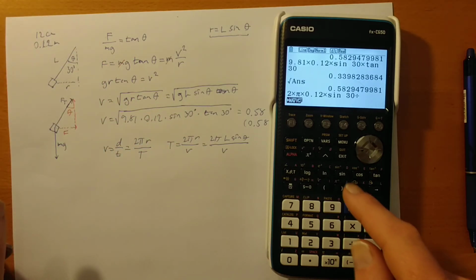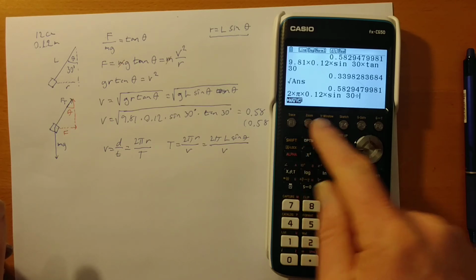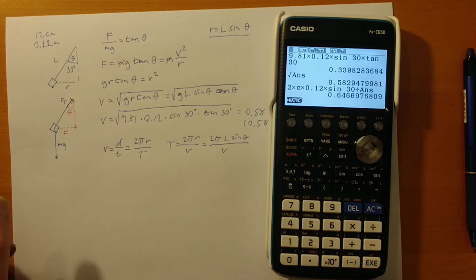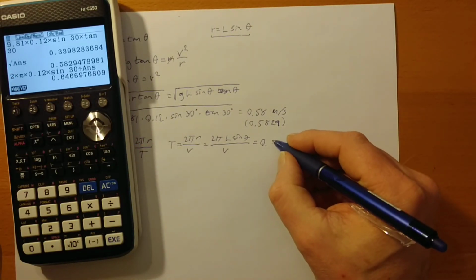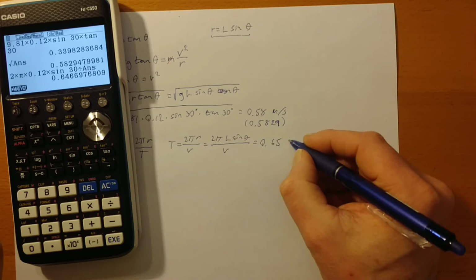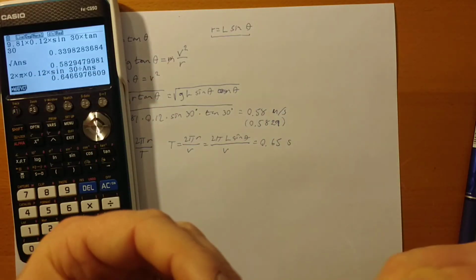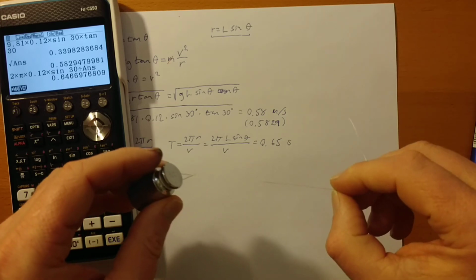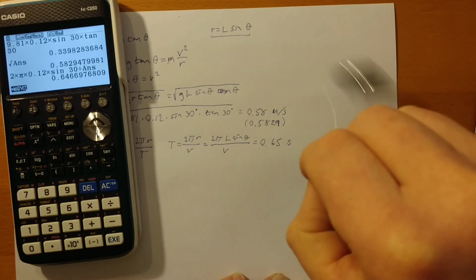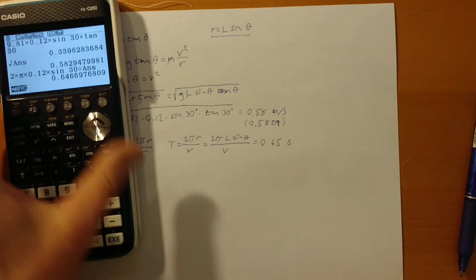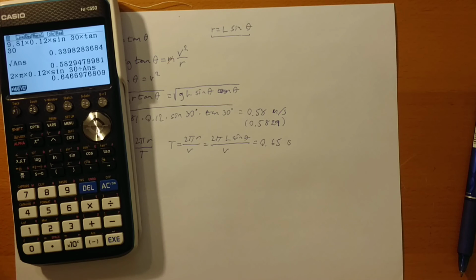Then we divide by the velocity that we have already stored, and that will give us a period of about 0.65 seconds. Seems reasonable. So hopefully we've been able to figure out the answer. In the next video we will make a formula for this.